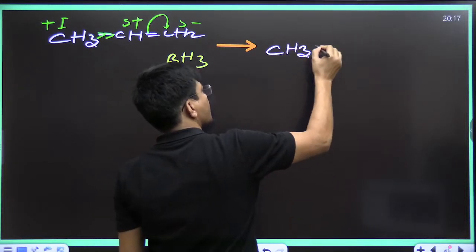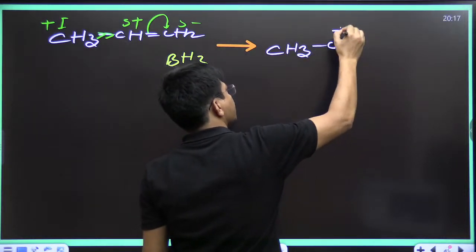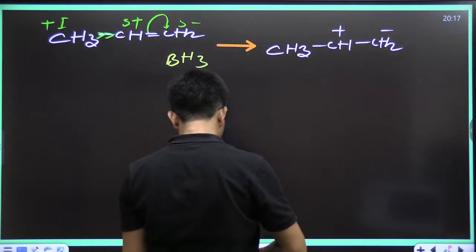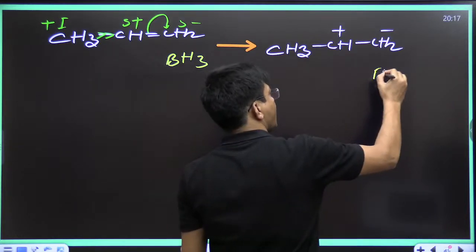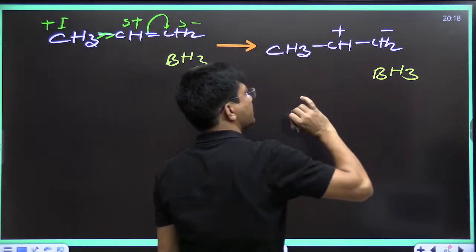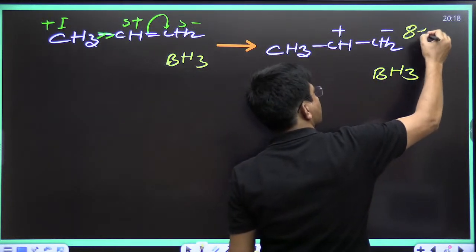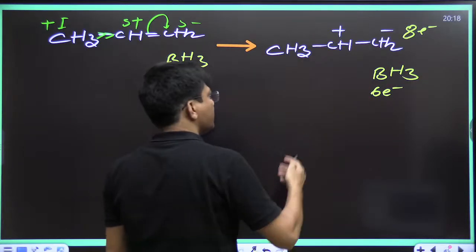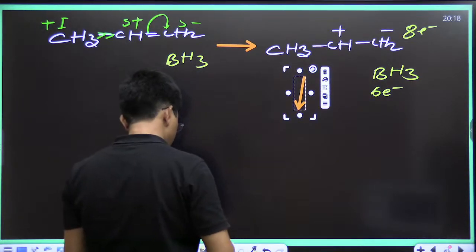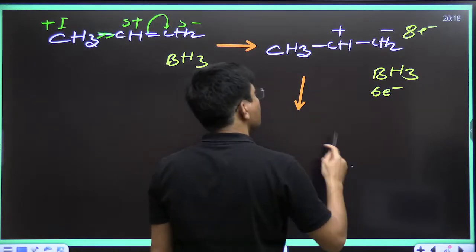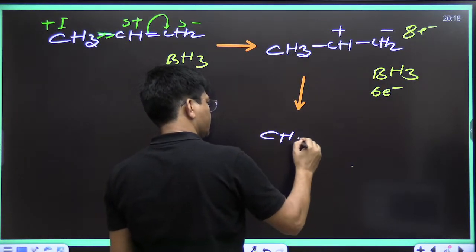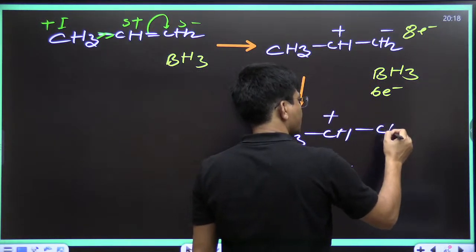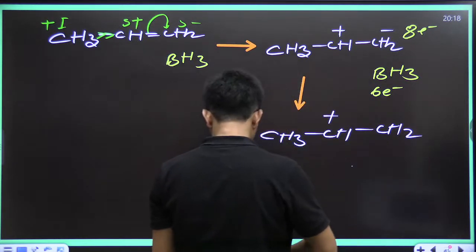CH3, CH positive, CH2 negative. For a better understanding, I am drawing it like this, just for understanding. Now, see kids, this carbon is right now having 8 electrons, and boron is having just 6 electrons. So they will start forming a bond. After some time, you will see it like this: CH3, CH positive, CH2.